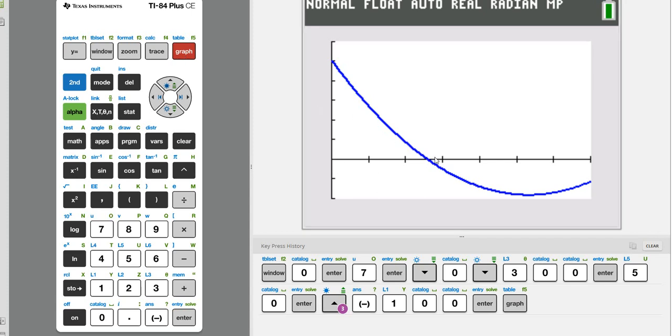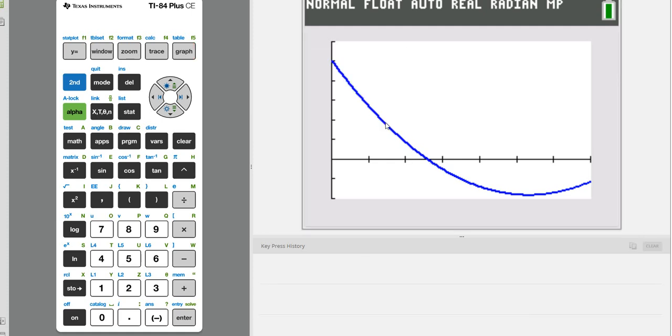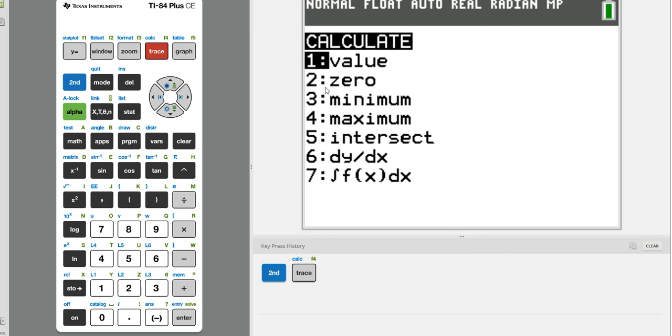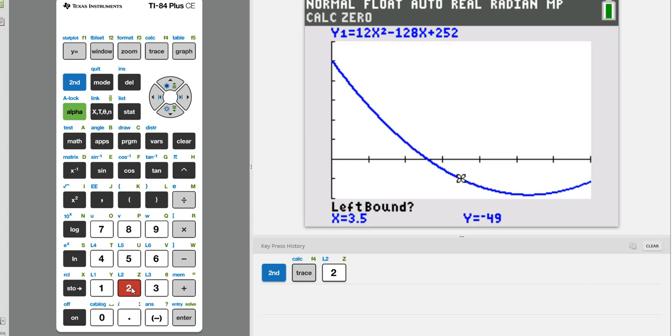What we're interested in is finding the point where the graph crosses the x-axis. Does anyone remember how I could do that? Yeah, we're going to go to the calc menu. So second calc, we want to find the zero. That's option 2. Now you need a left bound, so you cursor over to the left of wherever your root is.